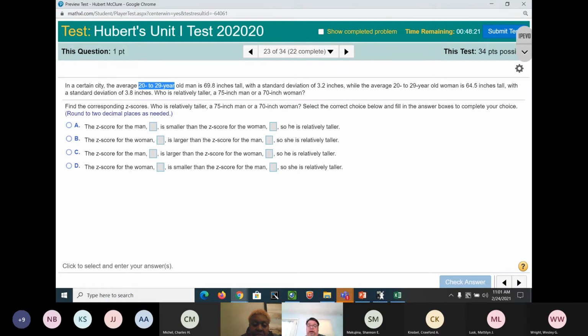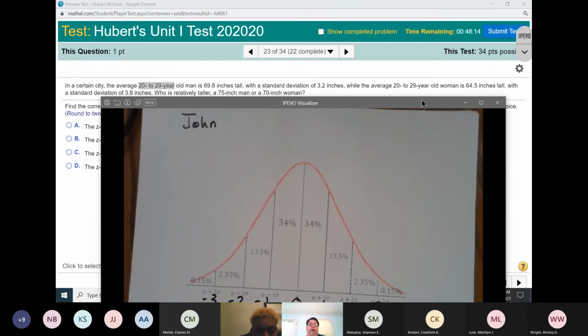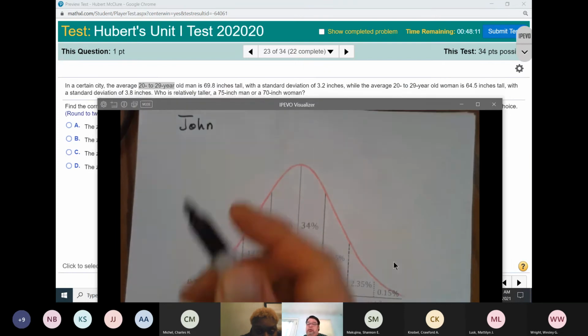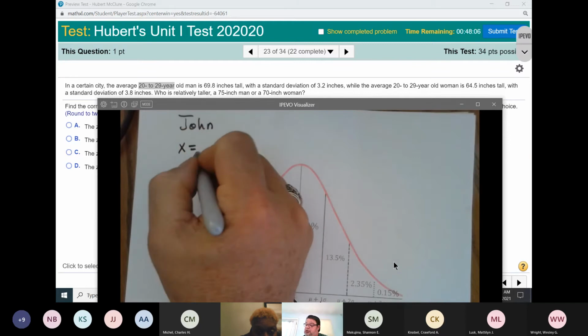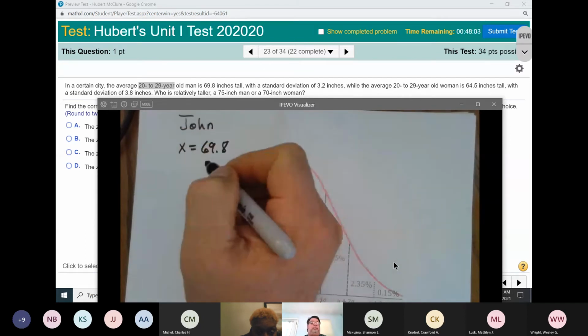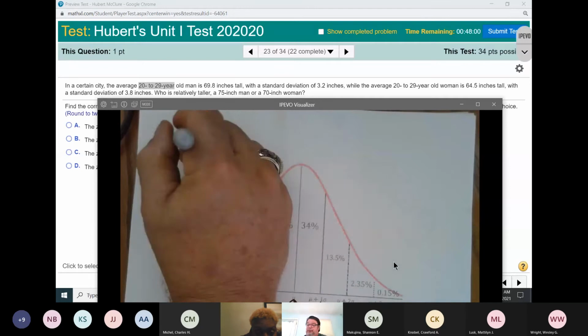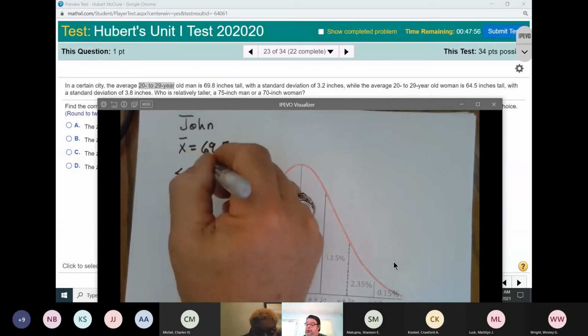And I'm going to write this. Y'all bear with me a minute. I'm trying to juggle this stuff around. John is 69.8 inches tall. Okay. Oh, I'm sorry. That's X bar. And a standard deviation of 3.2.